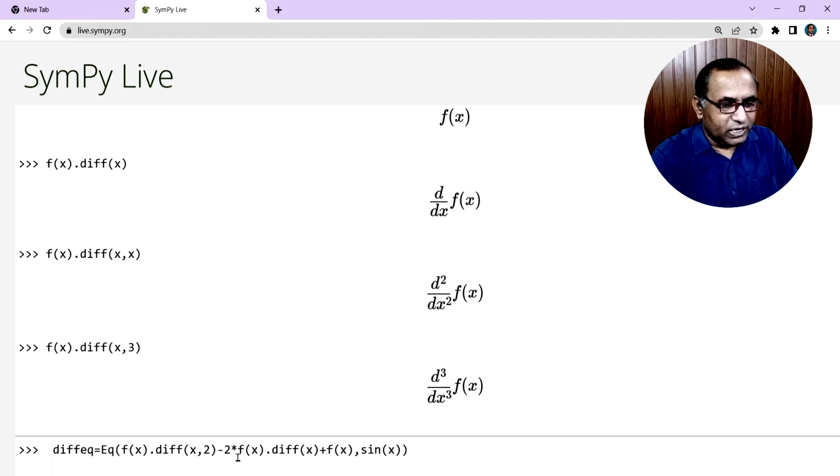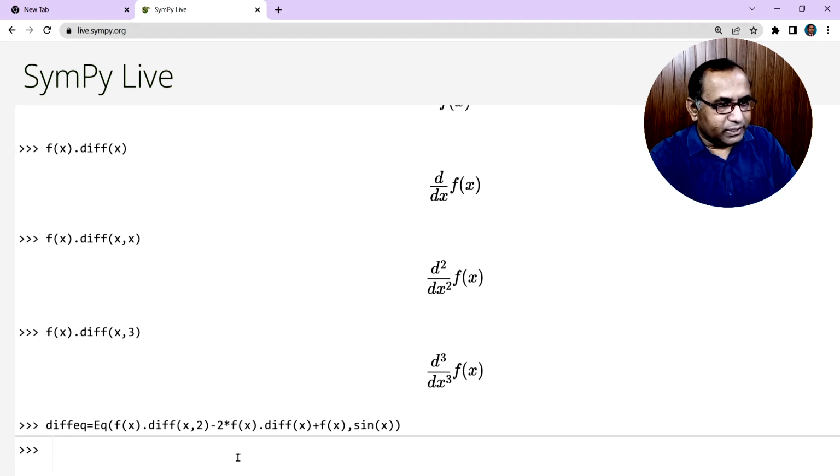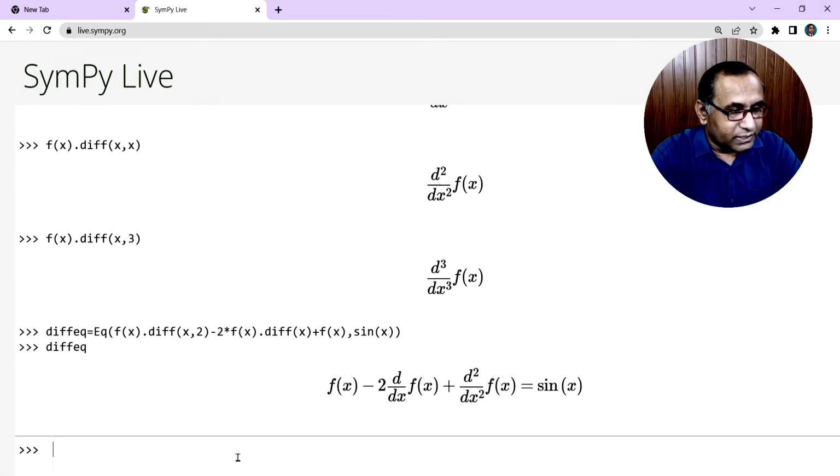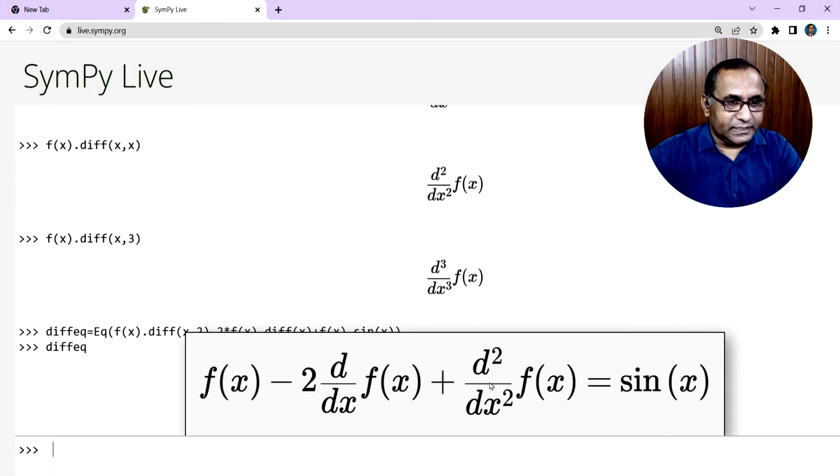So when you enter, the differential equation is assigned to the function diff equation. And when you enter diff equation and press enter, you see that this is the differential equation, which is f(x) minus 2 d upon dx f(x) plus d2 upon dx square f(x) is equal to sin x.